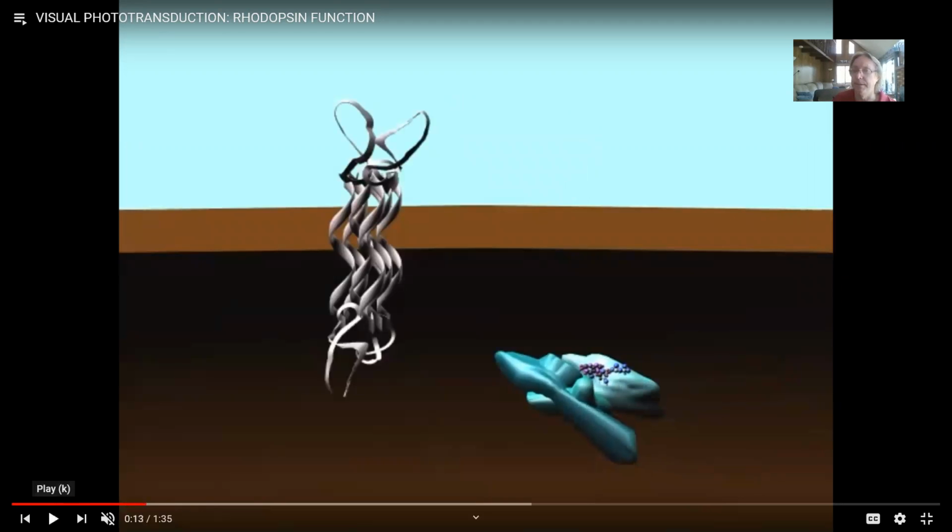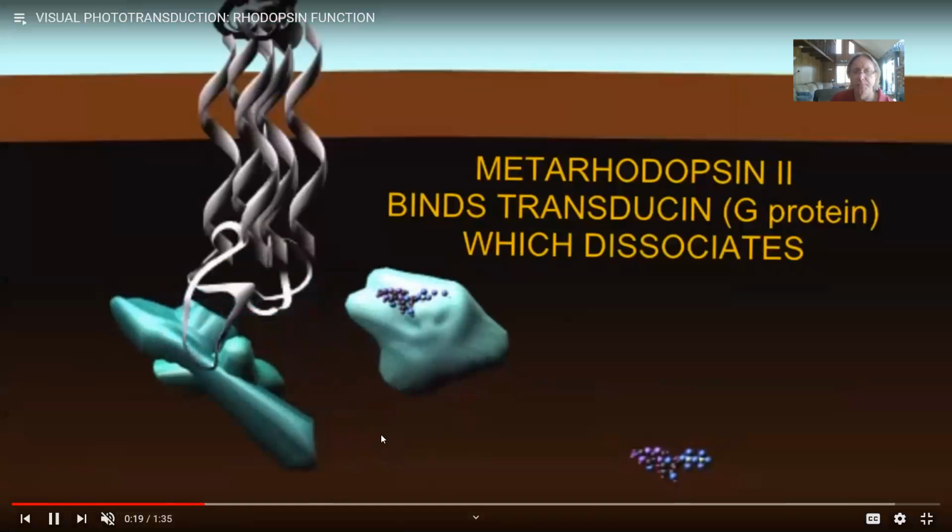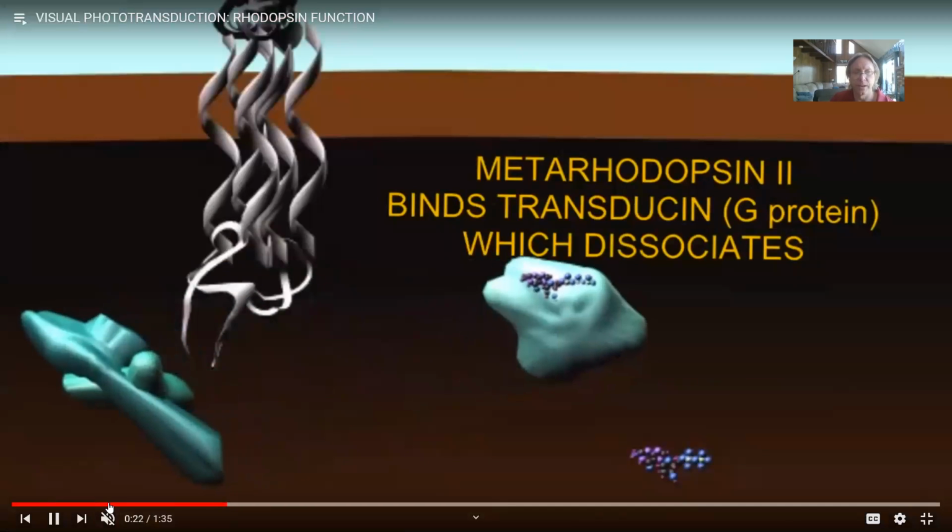If you don't have enough vitamin A in your diet, as unfortunately many people in the world do not, you can develop night blindness, which can actually then become full-fledged blindness at some point. So the opsin then passes through the membrane where it can interact with a G protein called transducin. Right, the reason this is called a G protein coupled receptor is because it binds with transducin.